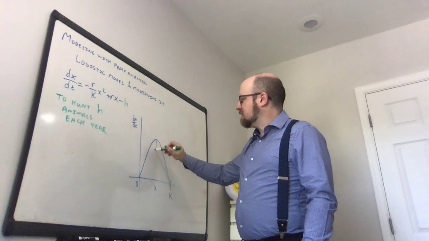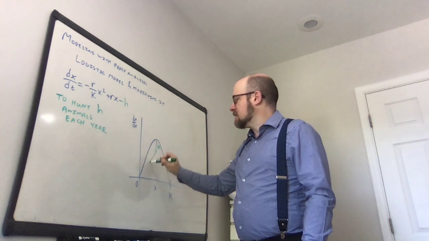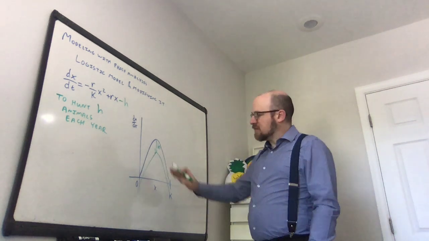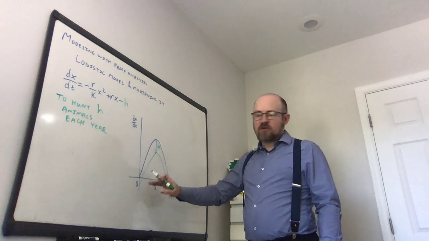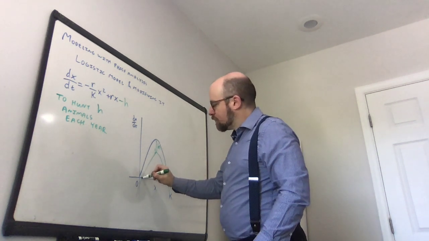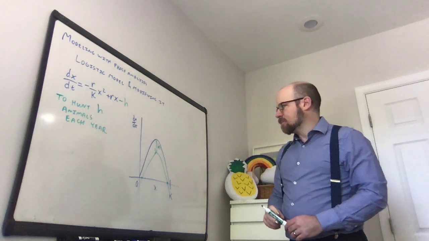So it's just going to shift everything down by h, and so the peak of your graph is going to be there. And you can see what that's going to do is move your parabola down. It's also going to change your equilibrium points. Okay?